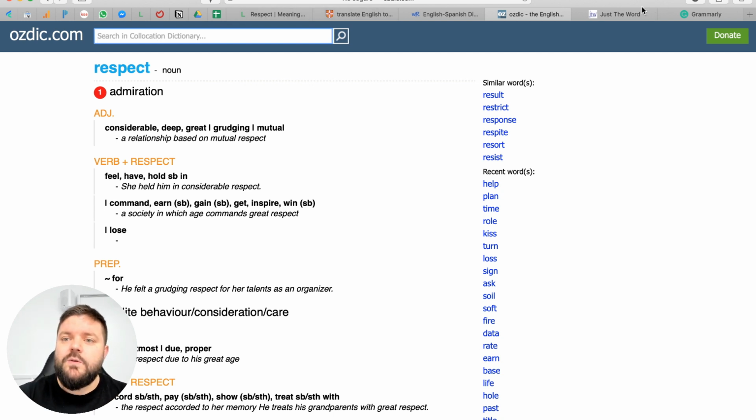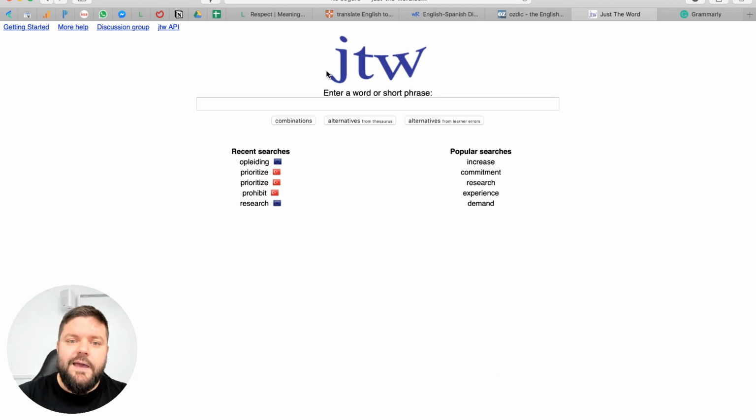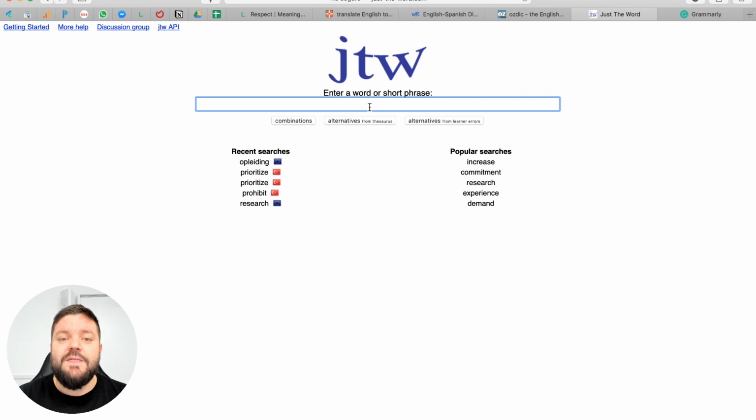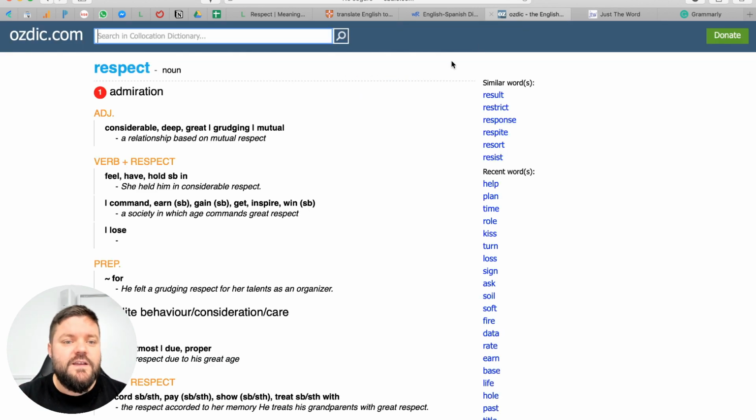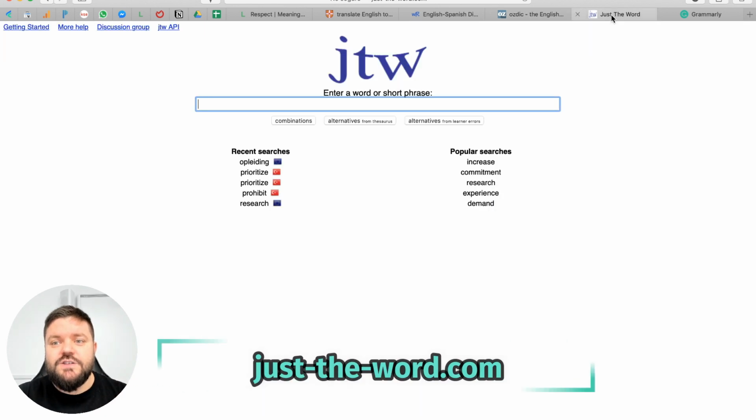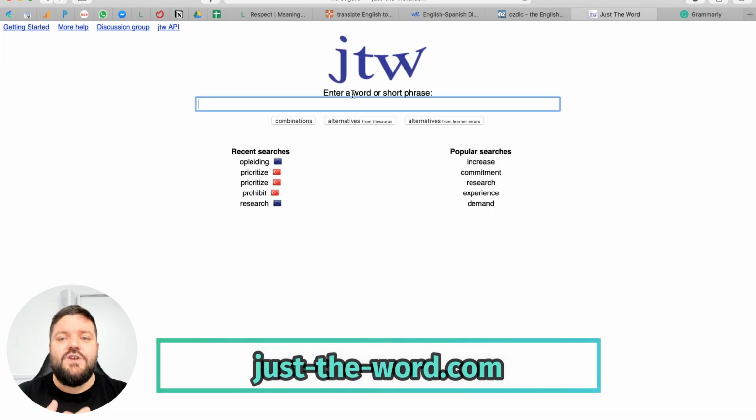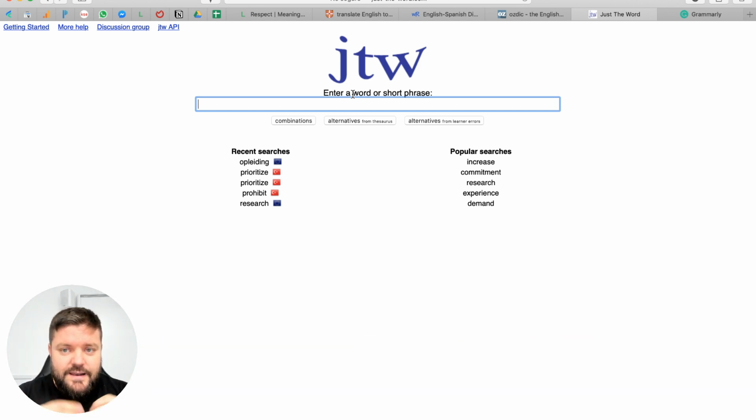And the following tool is quite similar, but in this case we're studying the frequency of such combinations. So OSDIC gives you a number of combinations, and not only does it give you a list of combinations, but also the frequency. So for example, again, let's try the word respect.